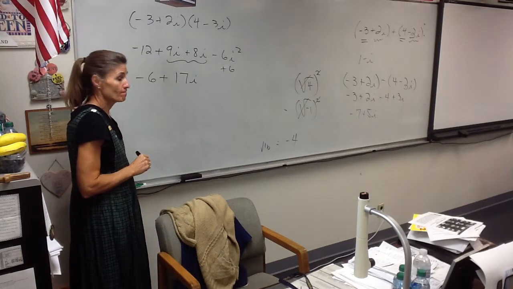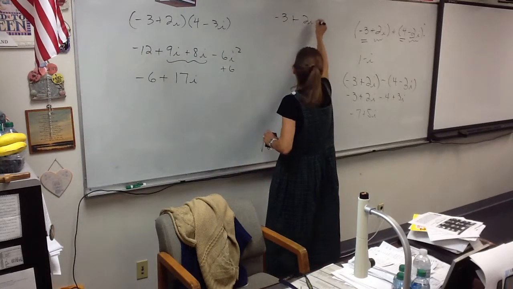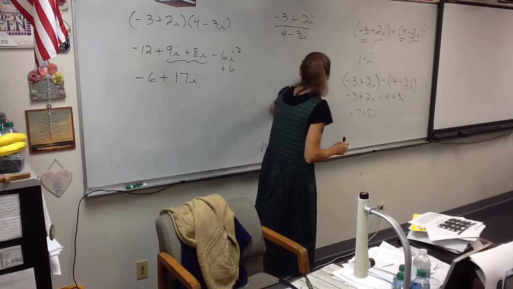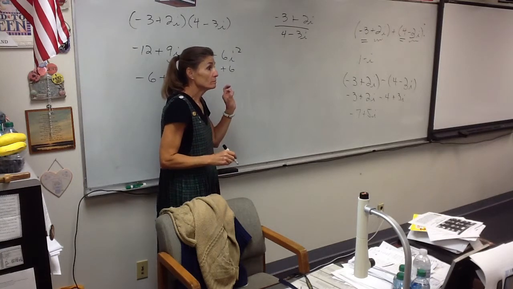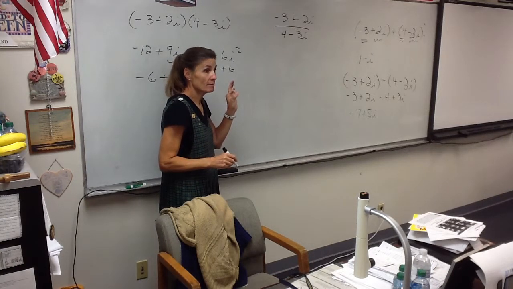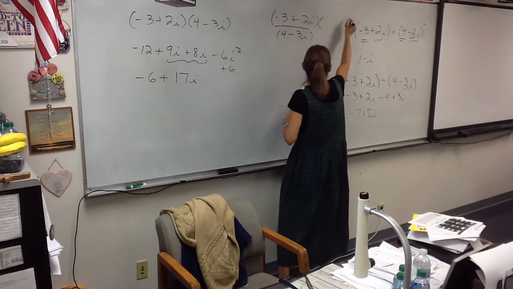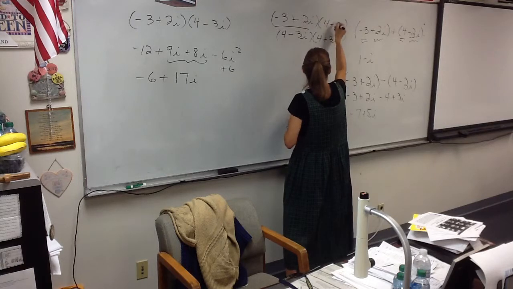Everybody good? How about division? What do I do with that? What do I do? Someone said it. I'm going to multiply the top and the bottom by 4 plus 3i, which has a name.